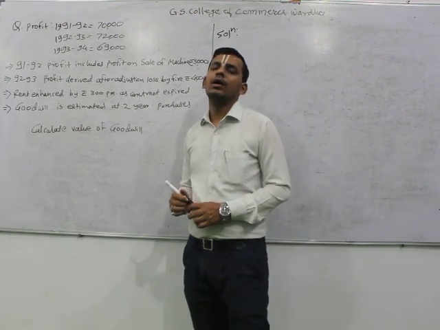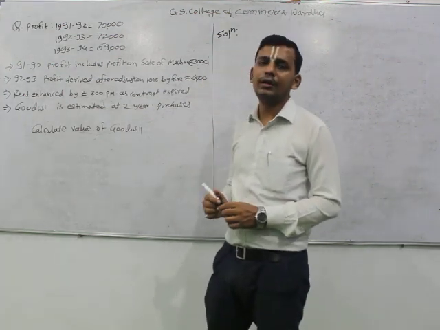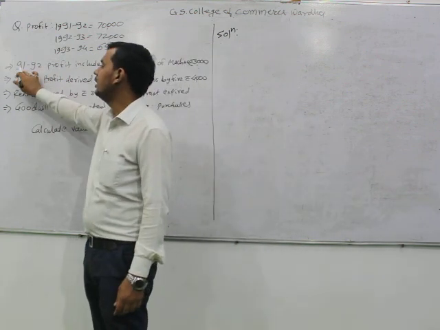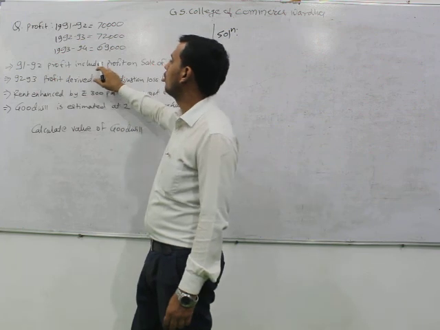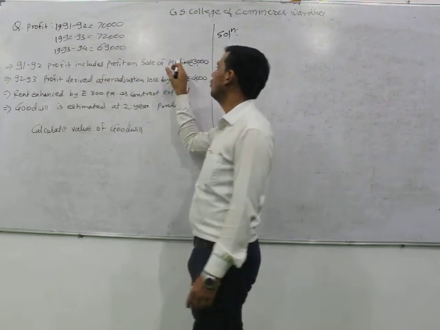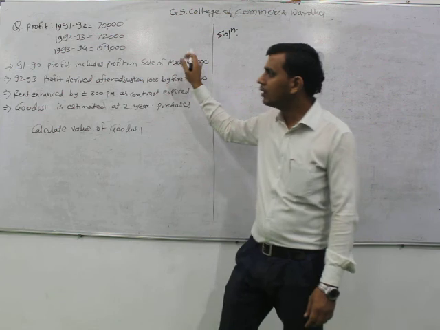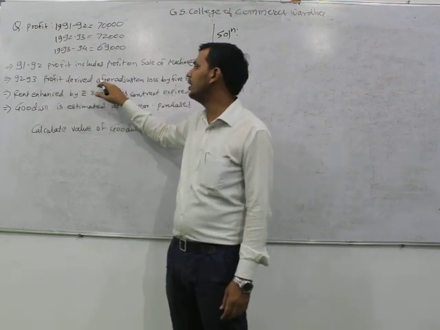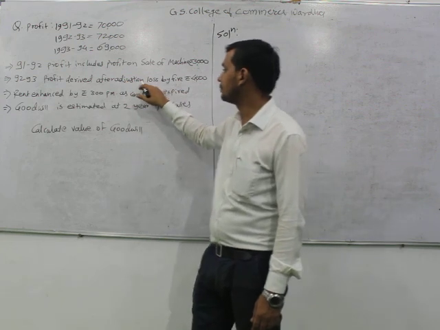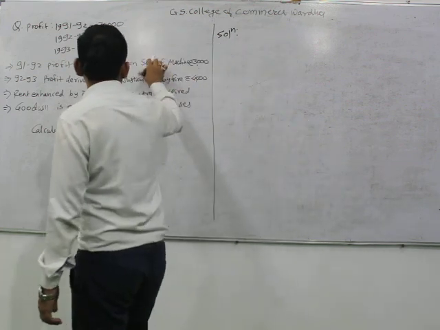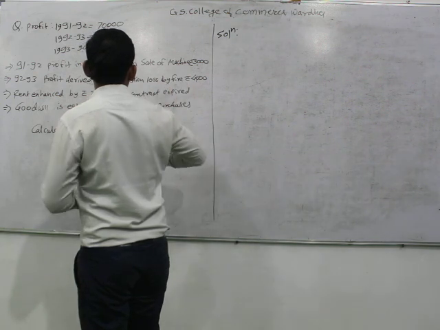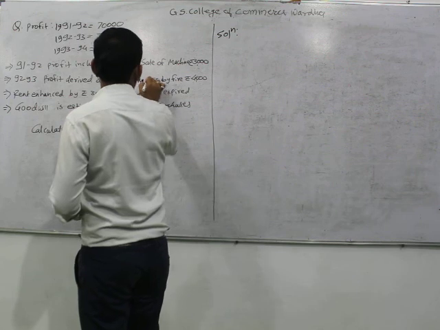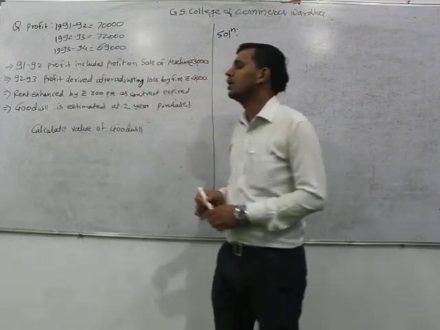Along with that, other relevant information is given in the paragraph. First, in the year 1991-92 profit includes profit on sale of machine of rupees 3,000. Similarly, in the year 1992-93 profit was derived after adjustment of loss by fire of rupees 4,000.